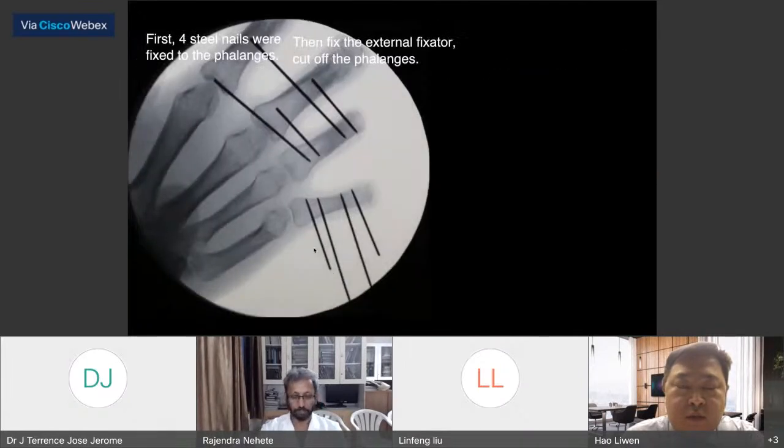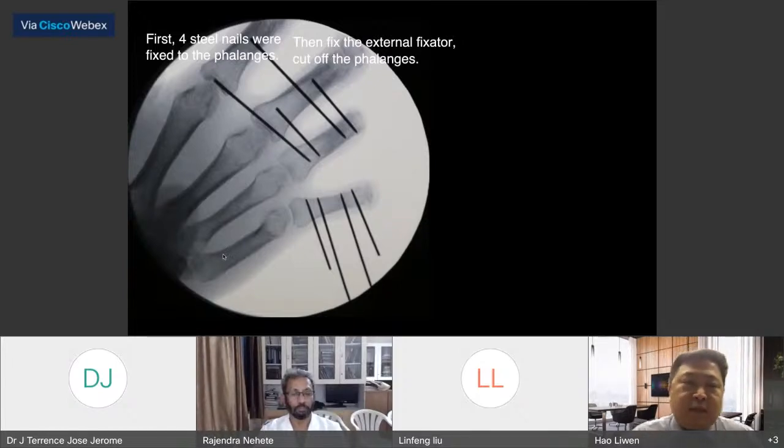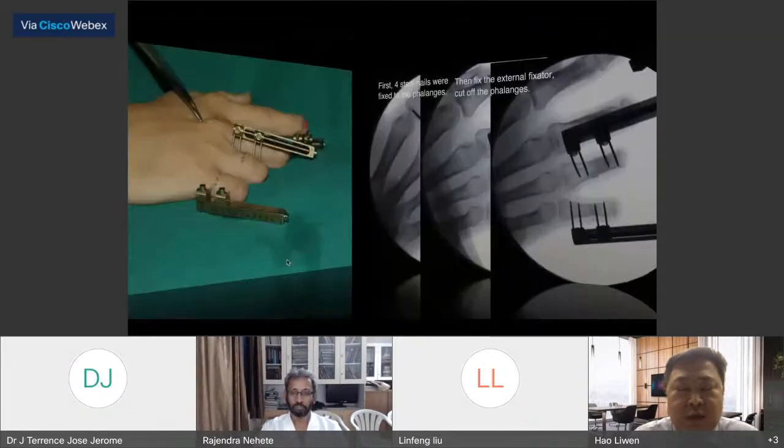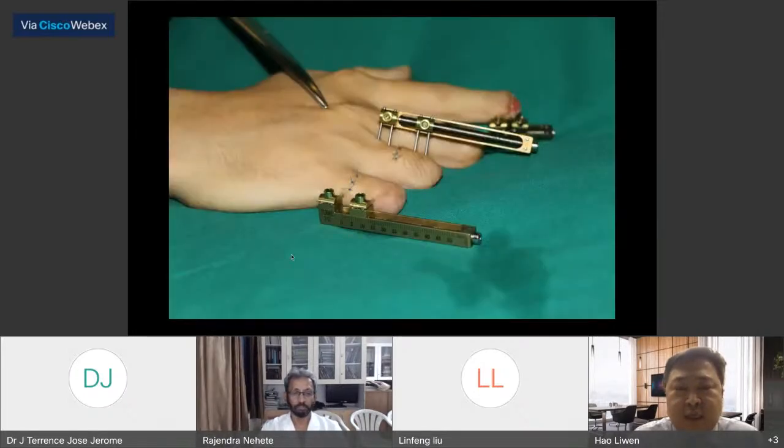In the first stage, we lengthen the phalanx. First we fix 4 nails in every finger, and then we fix the external fixator, then cut off the phalanx, and then suture the skin.